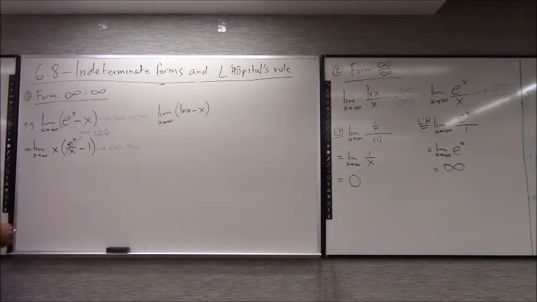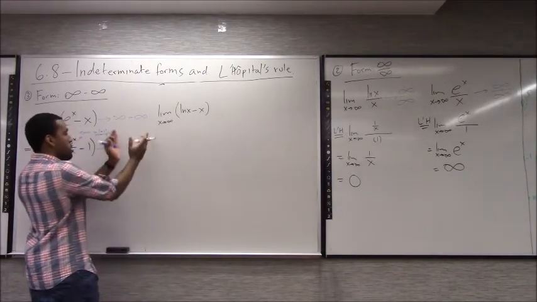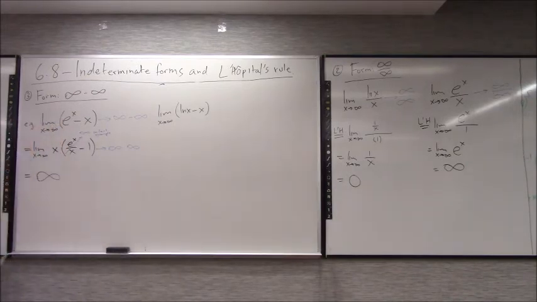What is that? Infinity squared. In other words, it's infinity, right? Infinity times infinity happens to not be an indeterminate form. If you take one huge number, multiply by another huge number, the result is a huge number. There's no question about that. That just goes to infinity.